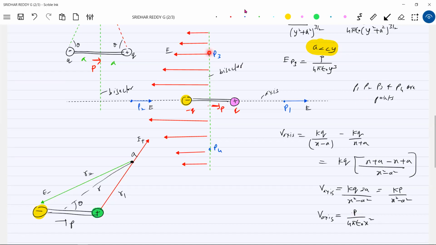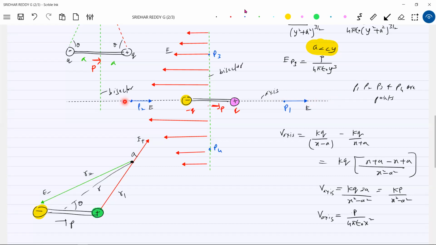What about the potential on the bisector? I want the potential at this point. Will it be positive or negative? Anybody here, can you reply? On the axis, what will be the electric potential due to the dipole?